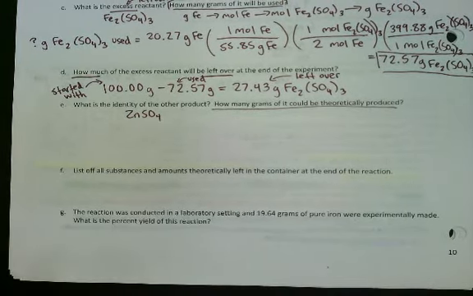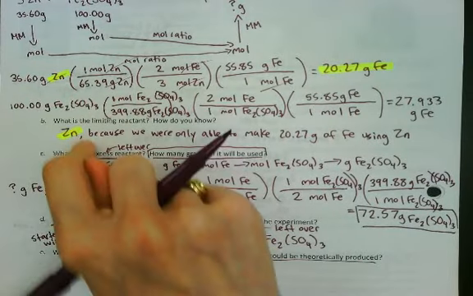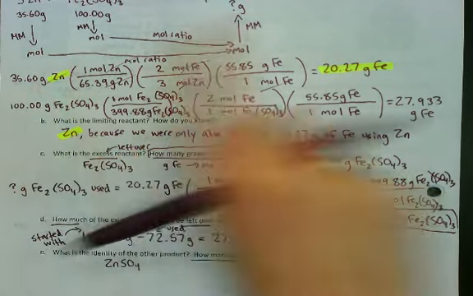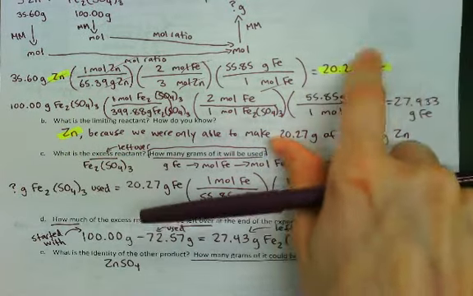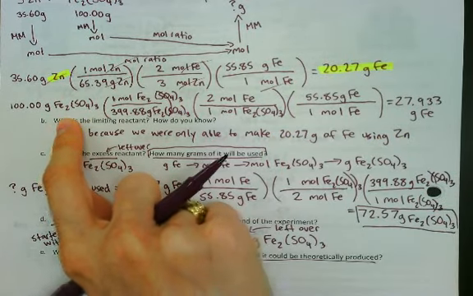Again, this is going to be a similar process to what we were doing before. We already figured out that the reactant that's going to be limiting here in our problem is zinc, because zinc ran out first when we compared to our iron 3 sulfate.